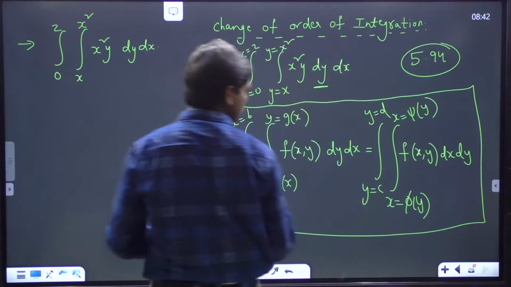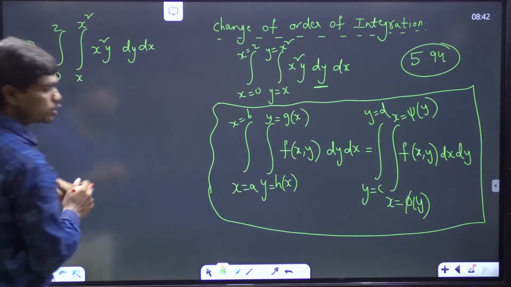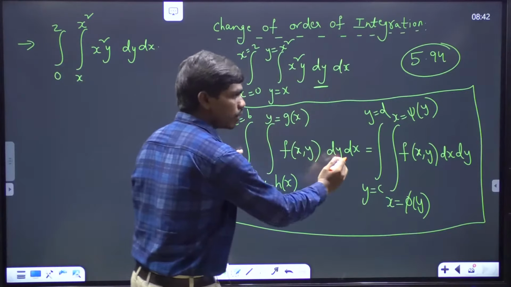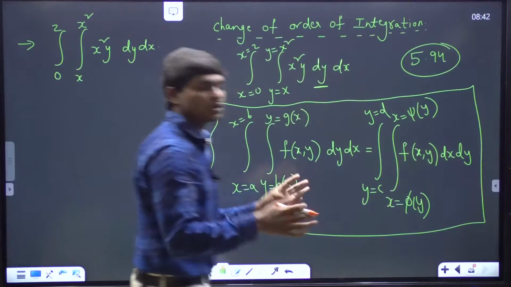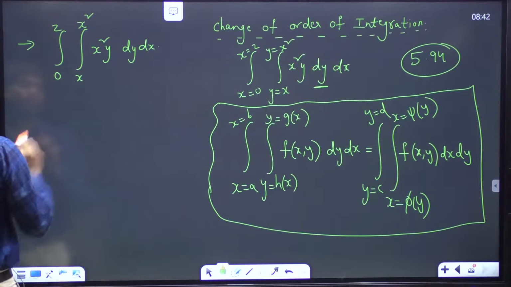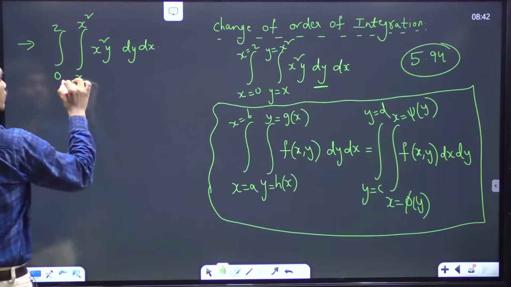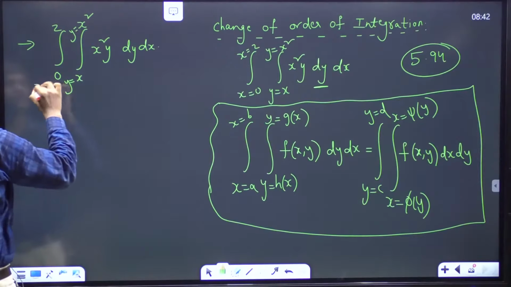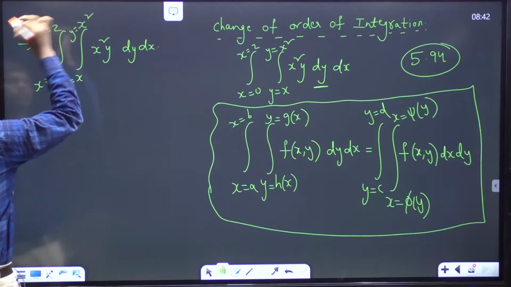Now let us try to change the order of this integration. To change the order of this integration, means basically to convert the integral which is in this form into this form, we should follow the following sequence, which I am explaining through this example. Now, what are the equations that are involved here? y is equal to x, then y is equal to x squared, x is equal to 0, and x is equal to 2.